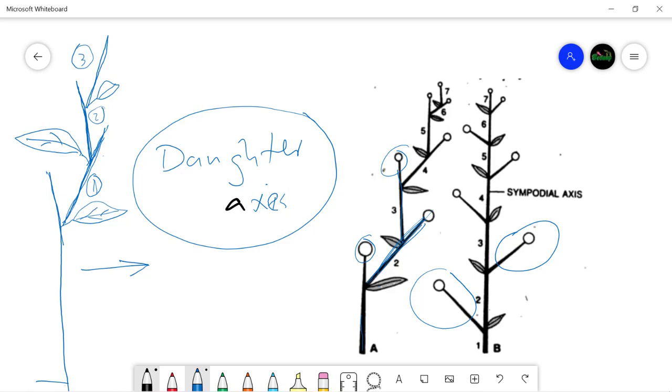So hopefully you get the concept of what happens in scorpioid branching: when these branches are being formed, they also try to get themselves straight, and when this straightens itself, this particular branch will bend towards the left, and this particular axis will take the position here.